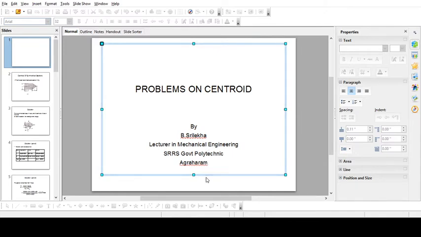Now let us solve this, right? For the first rectangle, the area is L into B, so 40 into 50 gives 2000. Next, the centroid is simply L by 2.